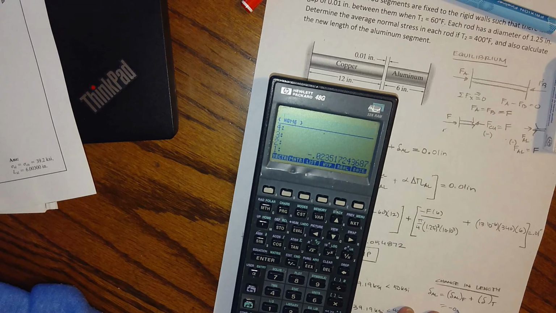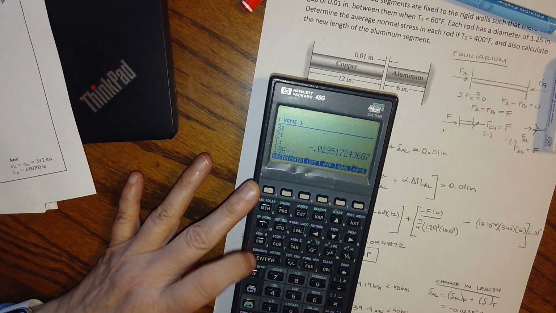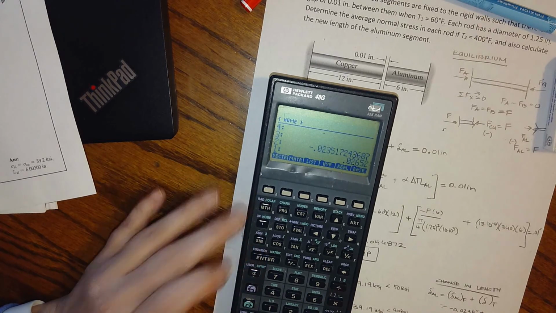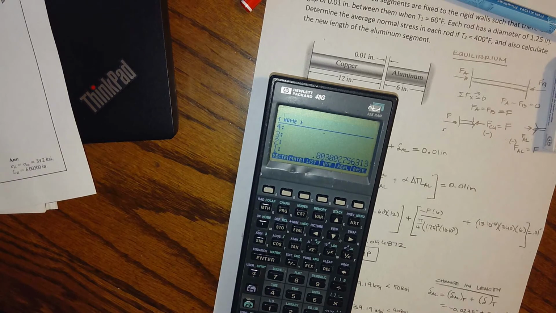So I get negative 0.0235 inches plus 13 e to the negative 6, 340 times 6, which is 0.02652 inches. So our total change in length of aluminum is, whew, that is a tiny number, 0.003 inches. It is positive, so that means it is elongating.